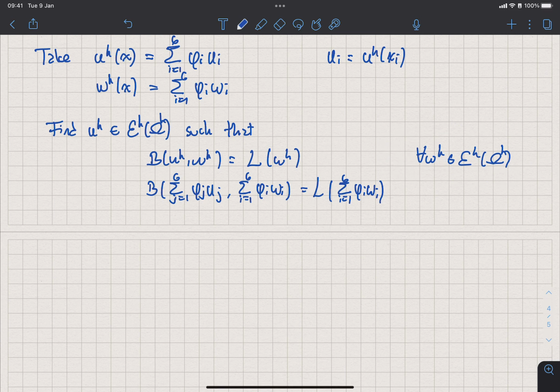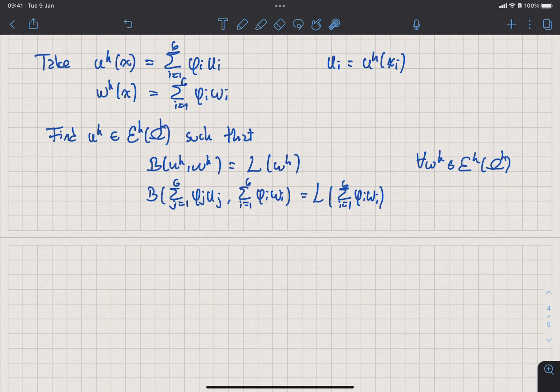And so I have replaced in the bilinear form, I have inserted the way we express our trial solution and our weight function. And if you look at it, this part of the trial solution or the weight function is known. We defined the shape functions already. So the only thing unknown is basically our coefficients, w or u, okay?